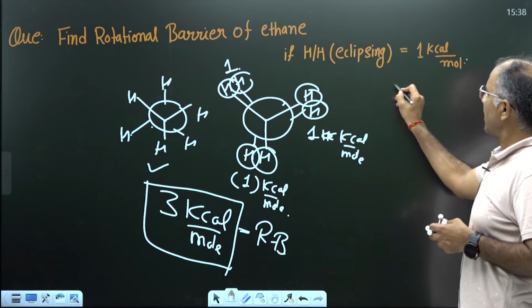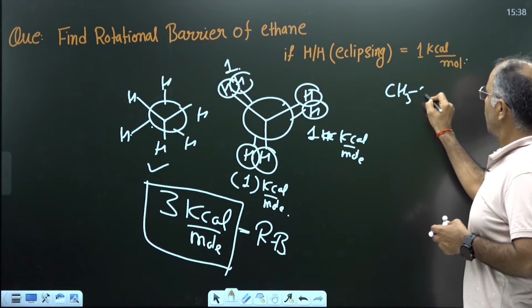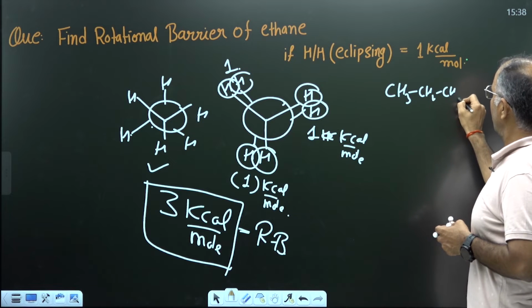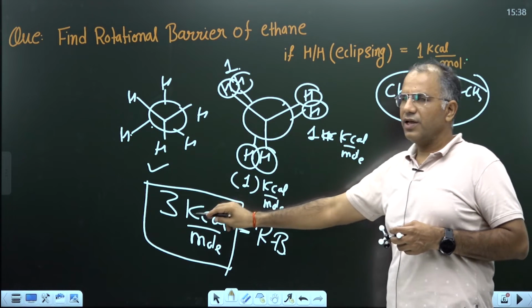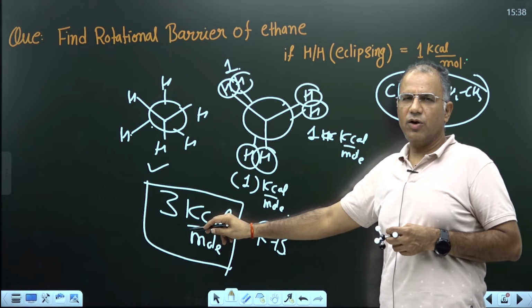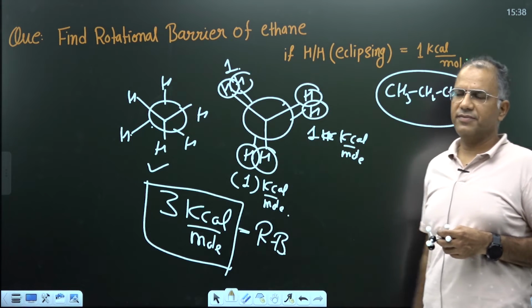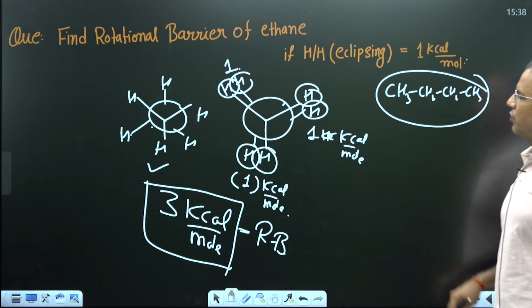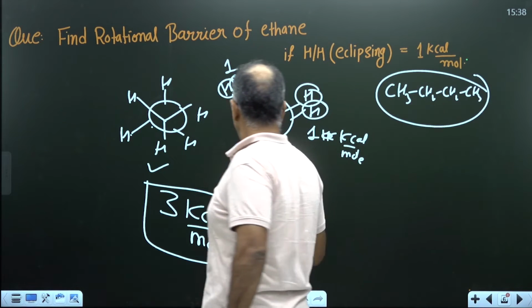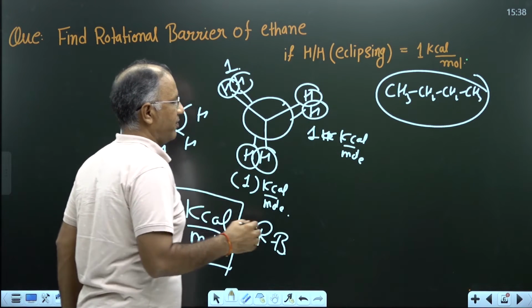Now similarly, if I ask you what is the rotational barrier of normal butane, is it greater than 3, equal to 3 kilocalorie per mole, or less than 3? What is your answer? Now in case of normal butane, we have to draw the most unstable conformer.